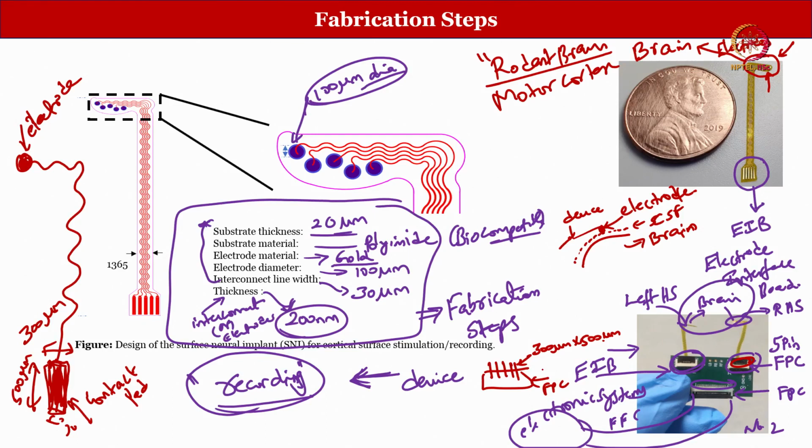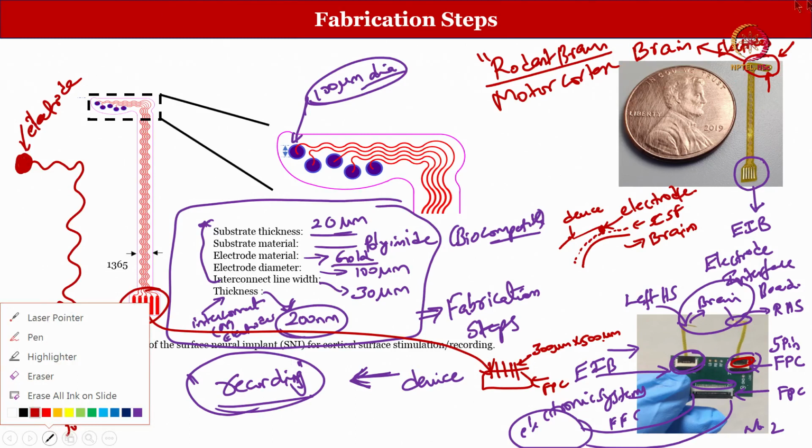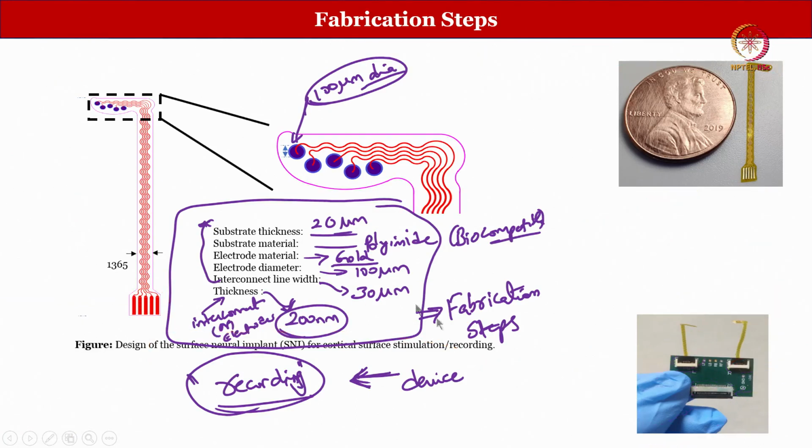Now, we designed this contact pad area according to the footprint of this FPC connector. That is one of the criteria. Which connector you are using also plays a major role. Now, this electrode area and this contact pad area, let me erase all the ink.